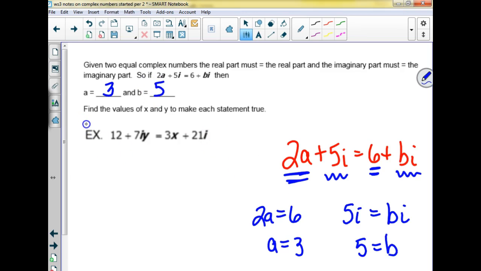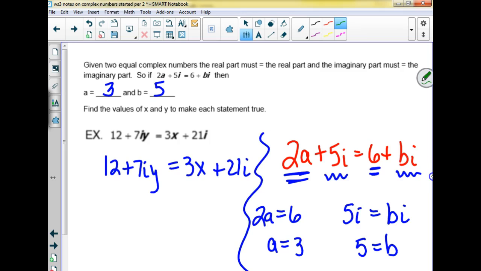So here's another example. This is in your notes. It's kind of hard to read, but I think it says 12 plus 7iy equals 3x plus 21i. Okay. So what's the real part on the left that doesn't have an i? 12. What's the real part on the right that doesn't have an i? 3x.